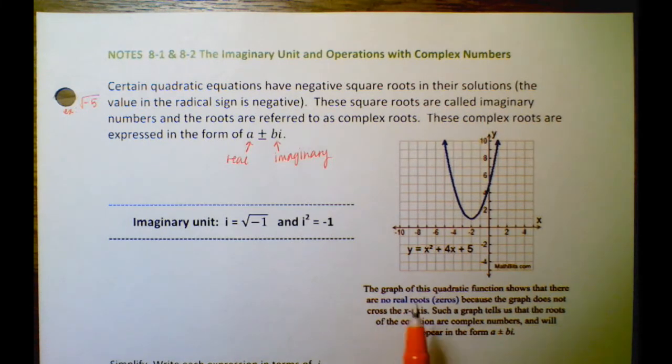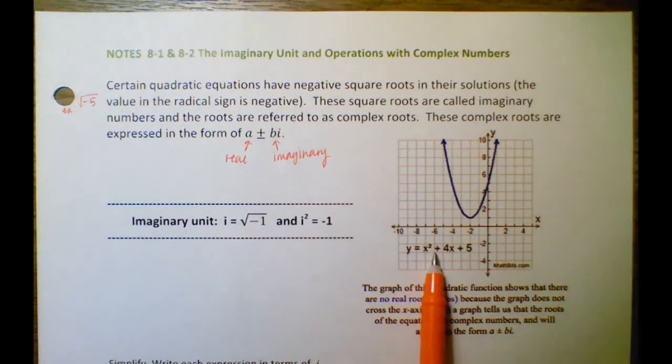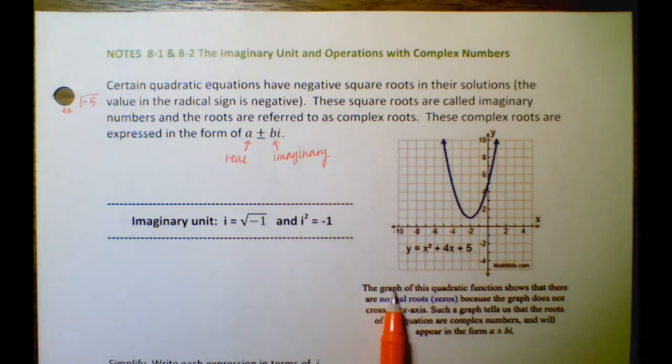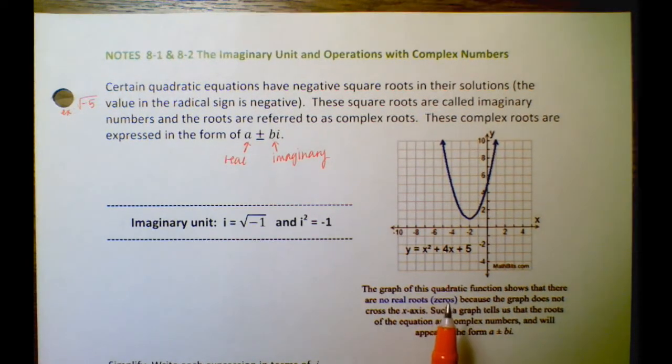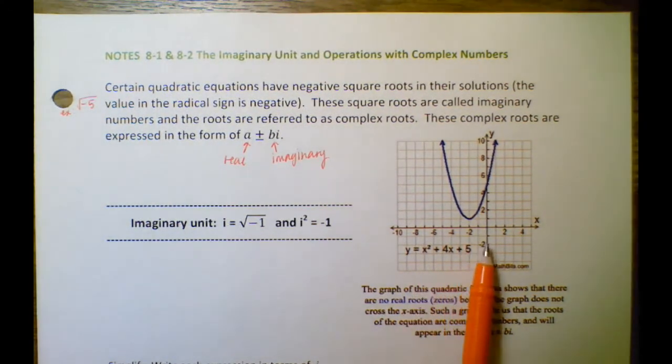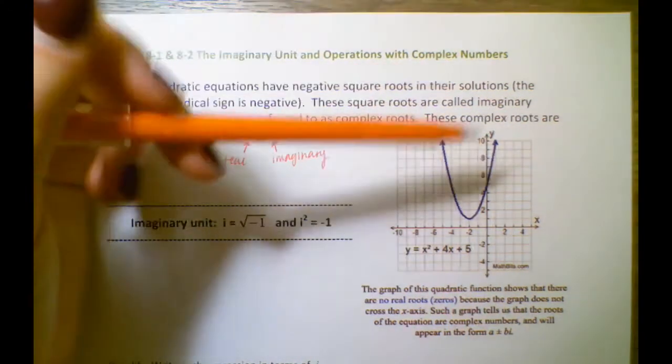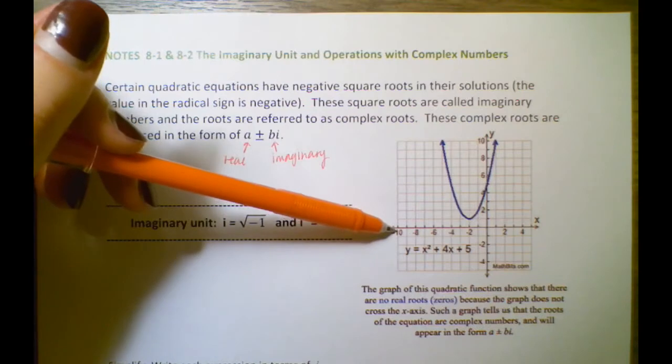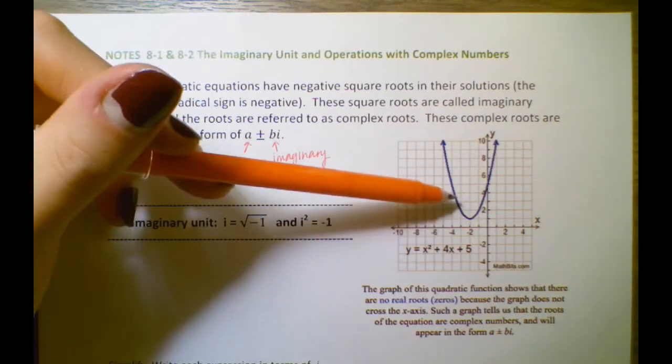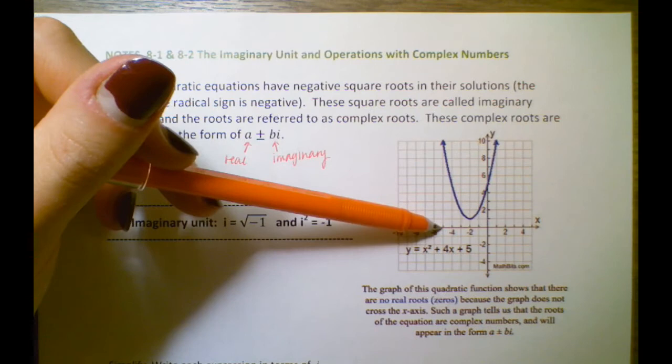Alrighty, so over here, we've got the equation y equals x squared plus 4x plus 5. It says the graph of this quadratic function shows that there are no real roots, or zeros or solutions. Remember, we talked about solutions for a quadratic function being where they cross the x-axis, but this function does not cross the x-axis or even touch it, right?